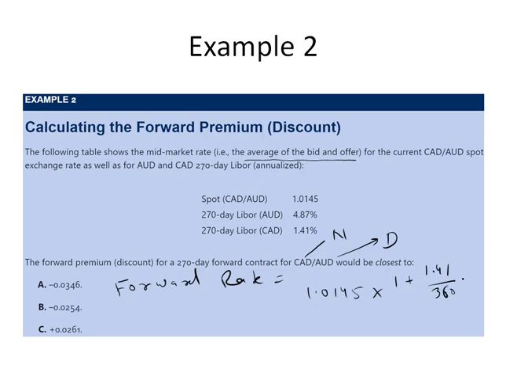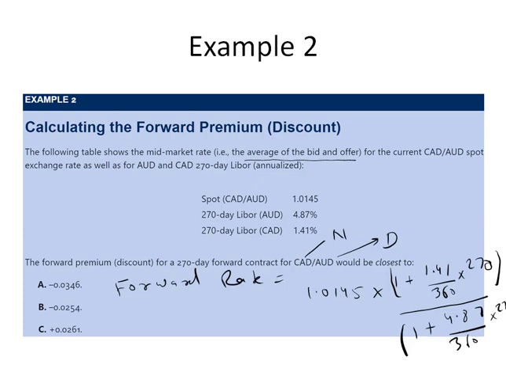So 360 multiplied by 270, and then we are going to divide this thing. I'm just going to put the bracket here. Then we are going to divide by 1 plus 4.87 divided by 360 multiplied by 270.